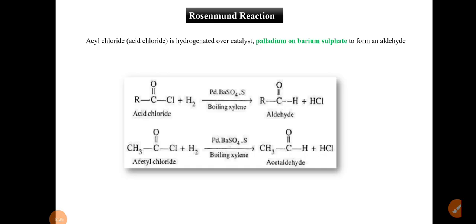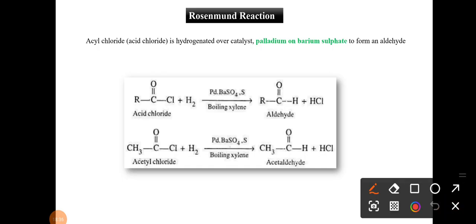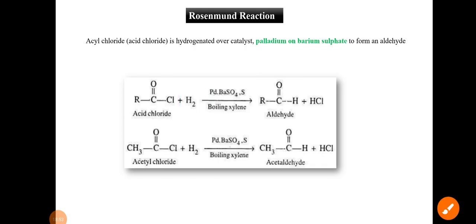The acid chloride reacts with Pd/BaSO4, right? The Rosenmund is an example of a reduction reaction, here using hydrogen, and the catalyst is Pd/BaSO4, palladium on barium sulfate, and your product is the aldehyde.